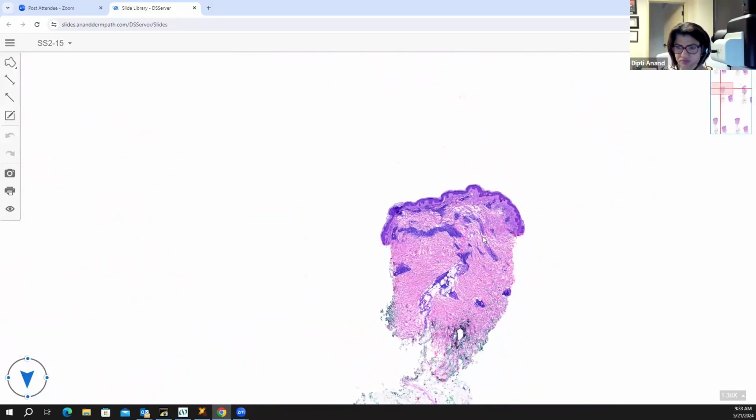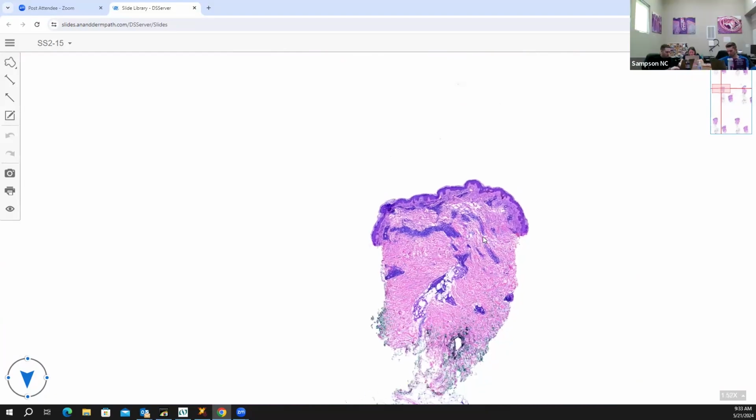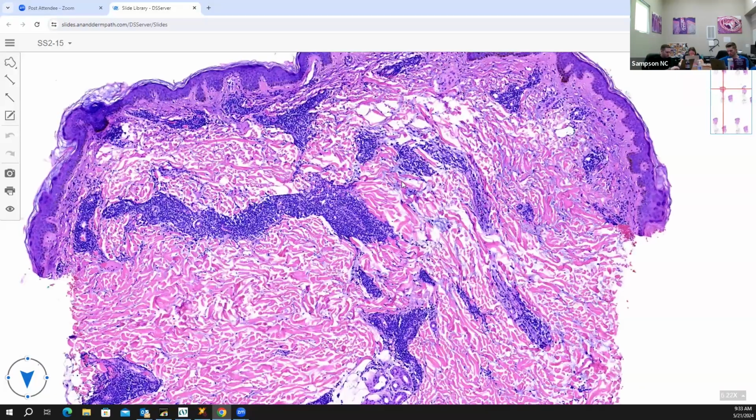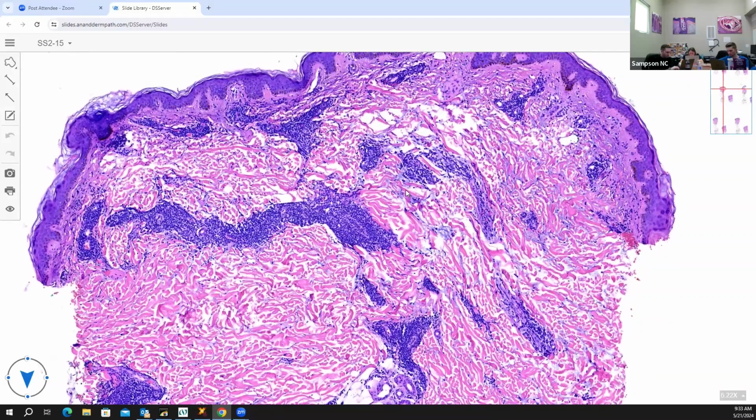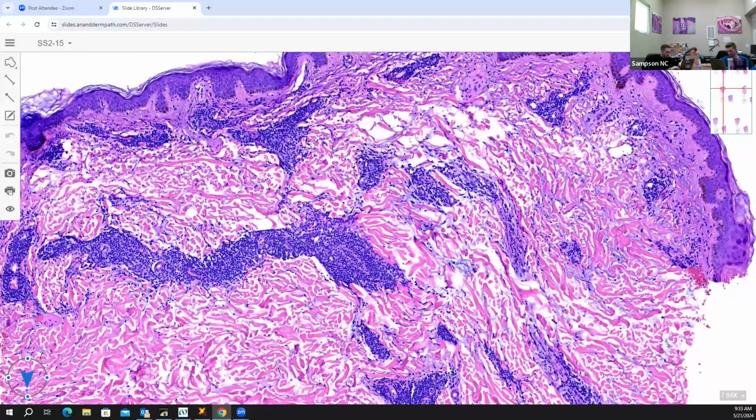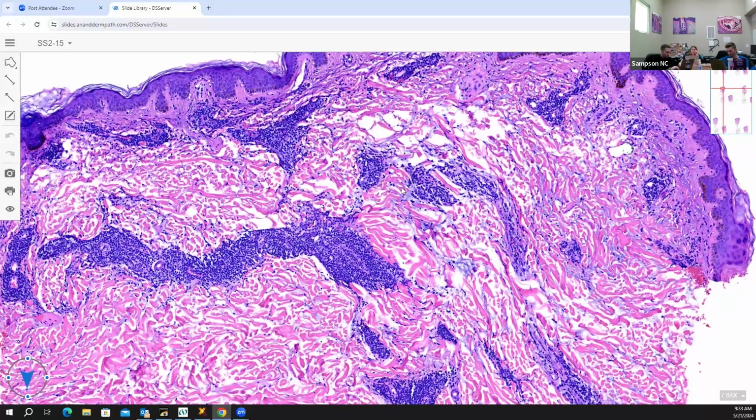I get a couple different thoughts depending on what I see when I get closer in, but my first thought when I see this denser cuffing that's mostly lymphocytes is EAC. Okay. Erythema annulare centrifugum. I'm not seeing many granulomas, but if I saw granulomas in there, I would also consider leprosy. Those are the two biggest things I think of when I see these large swaths or these sausage shapes.